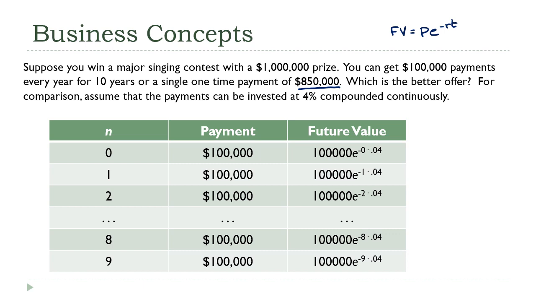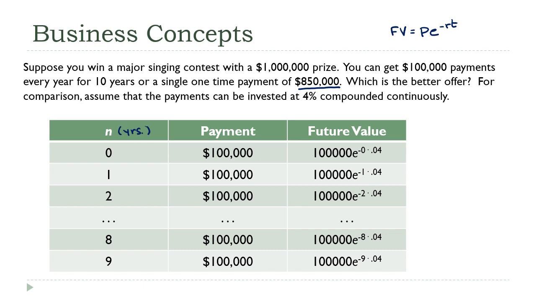And what I've done is I've laid out these t's over here. These are the years, right? That's the year at which the payment is made. And the payments are all the same. They're always $100,000. You notice I started at t equals 0 because on day one we get that first payment, right? So what is the present value of this?